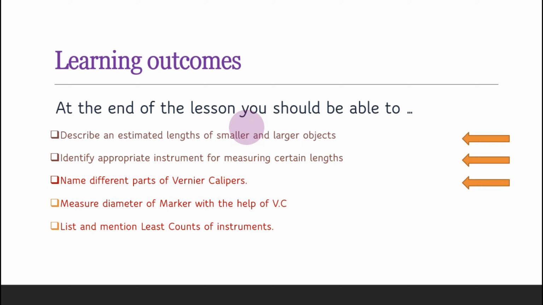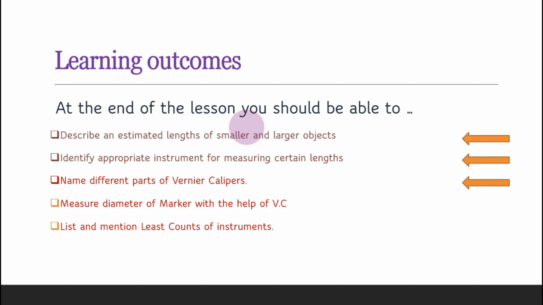For example, if I ask you to name instruments to measure the length of the room, definitely your answer will be measuring tape. If you observe the measuring tape, then this length is 1 centimeter, and the small marks are millimeters. So 1 centimeter is equal to 10 millimeters.